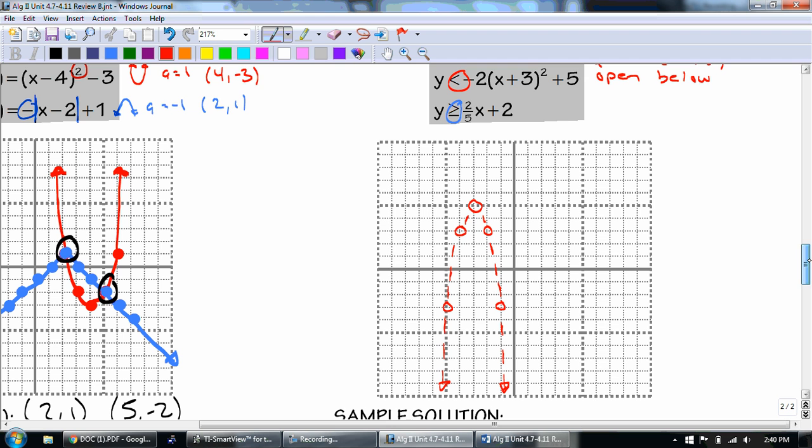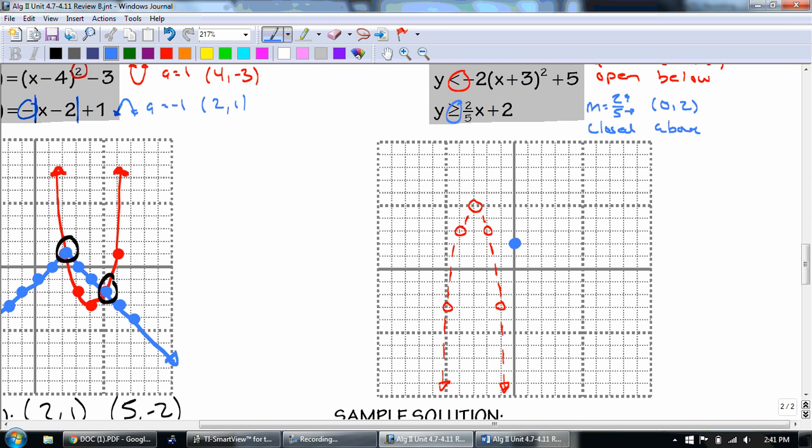All right, next. We have a linear equation. My slope is 2 over 5, which means we're going up 2 to the right 5. I start at 0, 2, and then it is closed and above. So at 0, 2 is where I have to start.